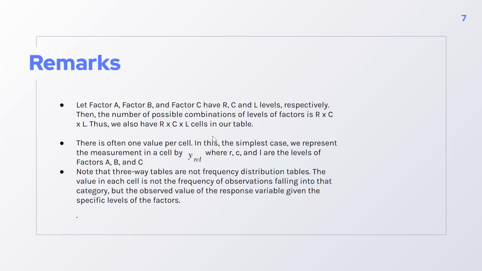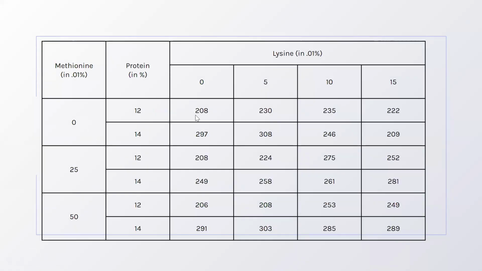So, ang sinasabi lang po nito is dun sa isang cell natin, merong isang value. Dahil in the future or in a more advanced topic, sa isang cell, pwedeng magkaroon pa ng mas maraming values. So, yun.